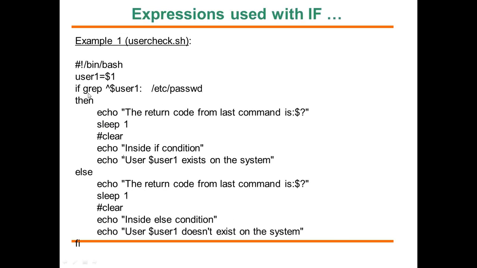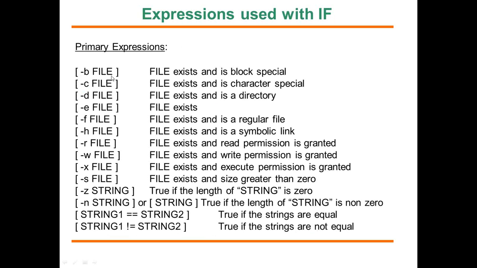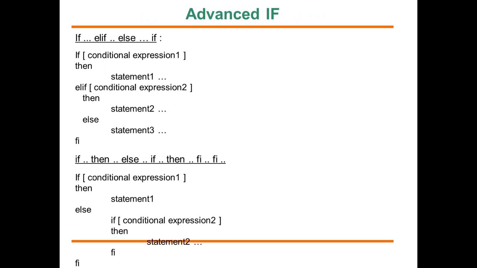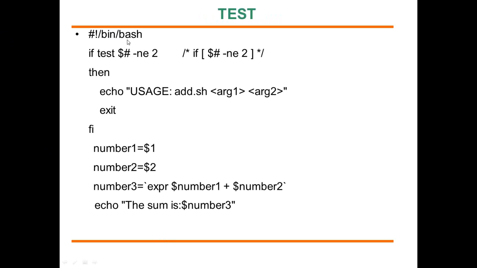Instead of these commands, we can also use primary expressions inside the left and right brackets, and check file expressions, string comparisons, numerical comparisons, and combinations such as negation, and, or. We can also use advanced nested ifs, three or four levels deep. We looked at replacing the brackets with the test condition, and at the difference between single quotes and double quotes.